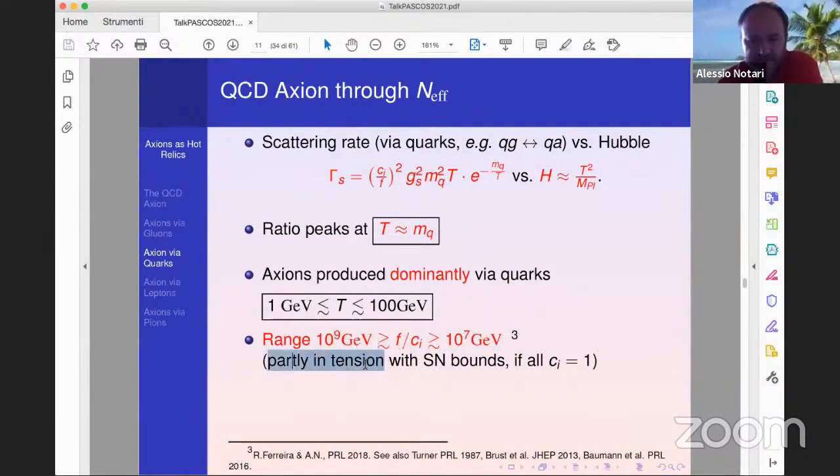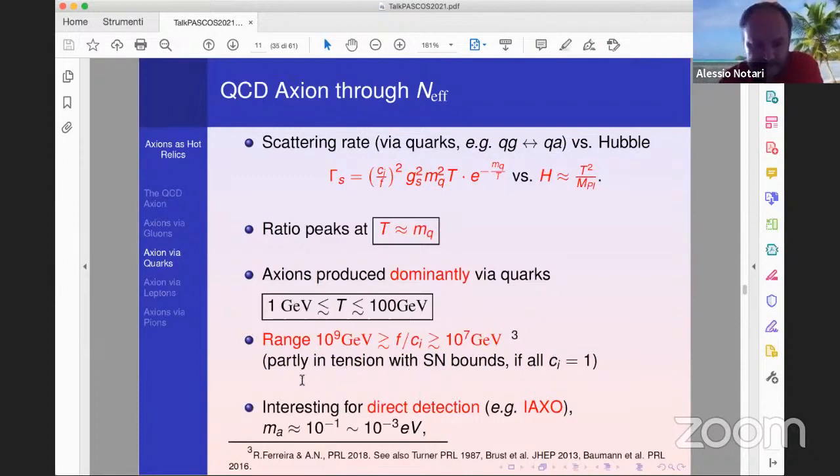Now this is partly in tension with some bounds, for instance supernova bounds, but those bounds are actually model dependent, and also the supernovae are not so precise, let's say. And this range is also very interesting for direct detection, and also for the so-called hints from stellar cooling, which is the same range.